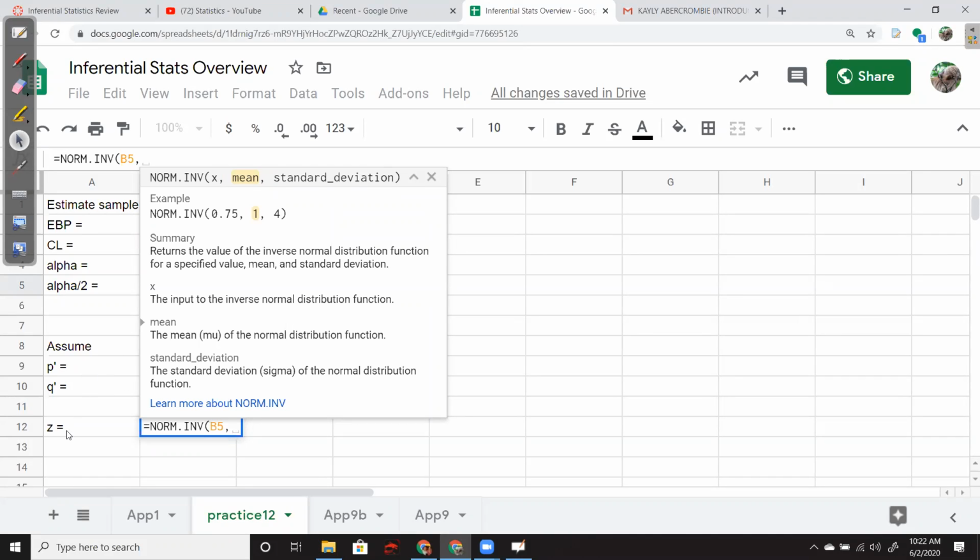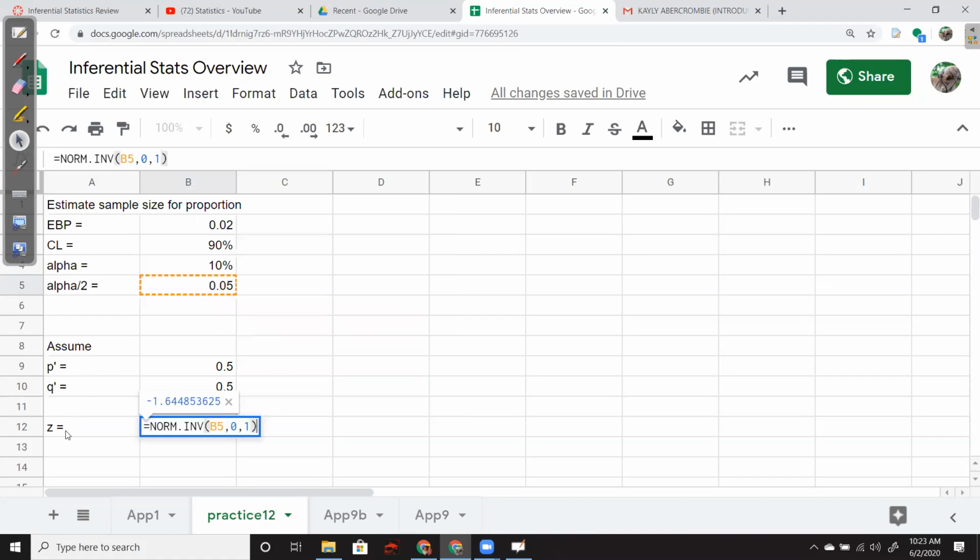proportion, but if I'm talking about a z-score, z-scores count standard deviations, so the mean of z-scores is always 0, the mean is in the middle, and the standard deviation is 1. So I have to fix those notes. This says the z-score is going to be negative 1.64, and we'll ignore that negative. So let me fix my notebook.